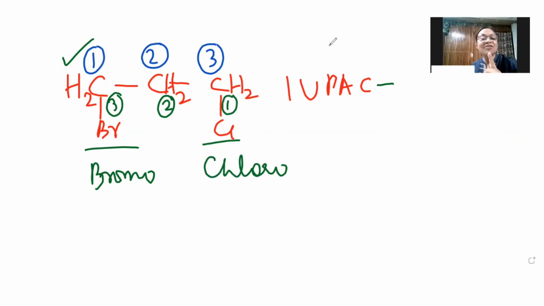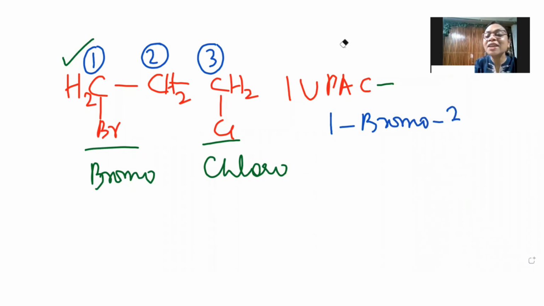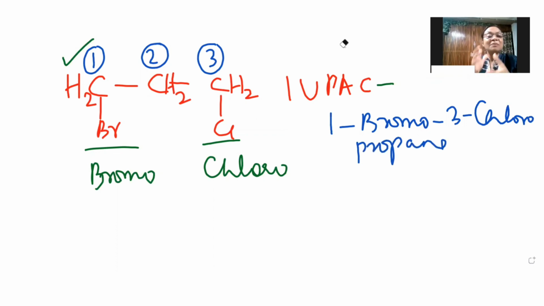Yeah, bromo, alphabetically B comes prior to chloro C. So the green numbering is wrong. And the correct IUPAC name of this compound would be 1-bromo-3-chloropropane. So whenever you have a mixture of halogens, always give a lot of priority to the alphabetical order.